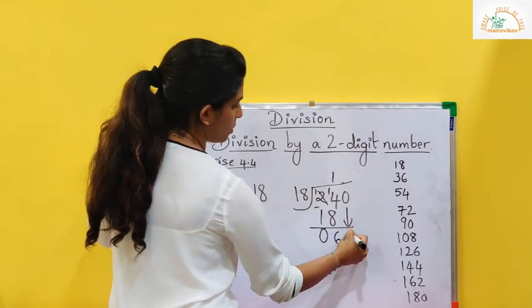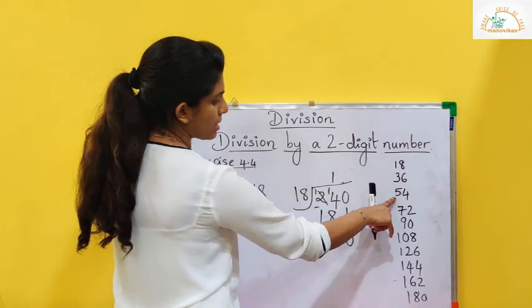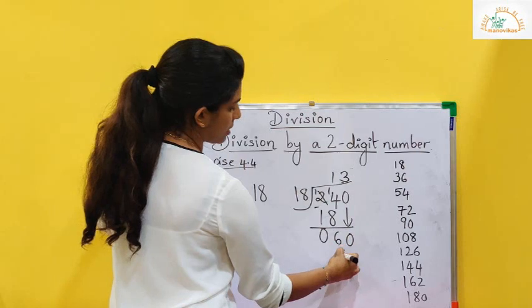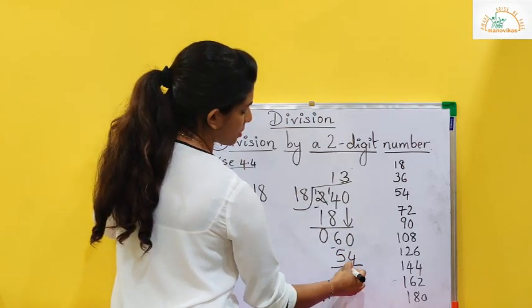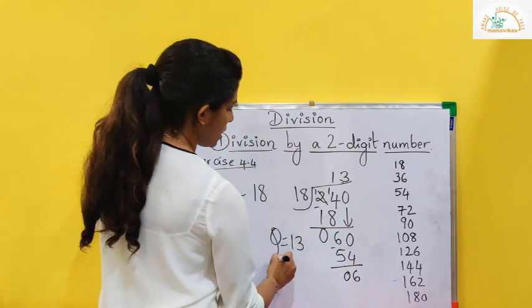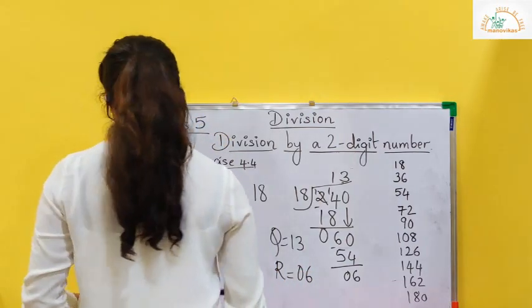I bring down 0 here. Now which number is closer to 60? It is 54. So 18 3s are 54 and the remainder here is 6. So the quotient is equal to 13 and the remainder is equal to 6.